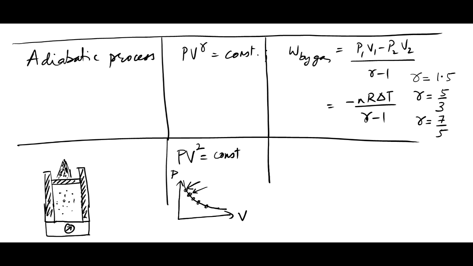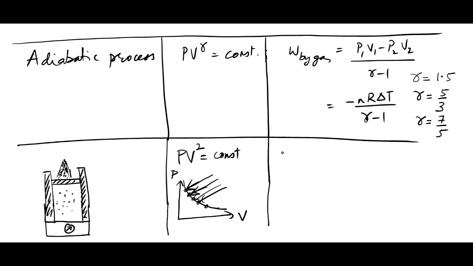You may not get the required volume in that step. If you do, you are lucky, but you might not. So then you manipulate the volume indirectly by changing the temperature by an infinitesimal amount. And that's how you can get from that place to that place to that point. You can actually make the gas travel along that PV diagram. So PV squared is constant is a process. It's not adiabatic, but it is some process.